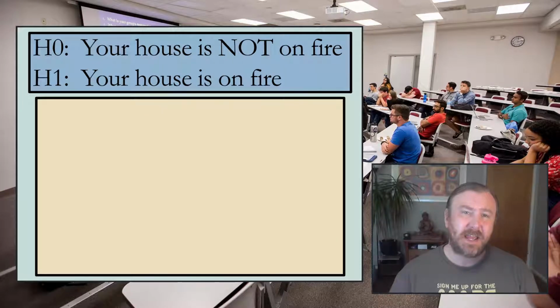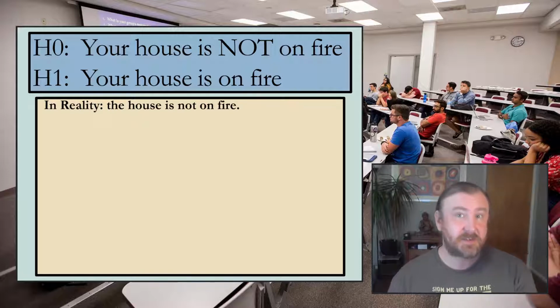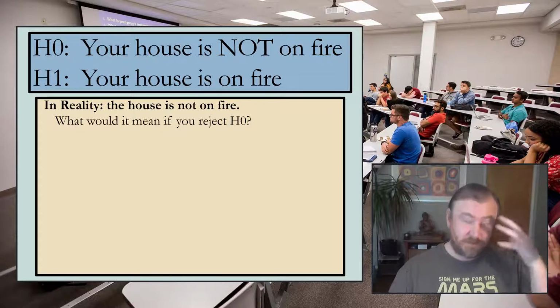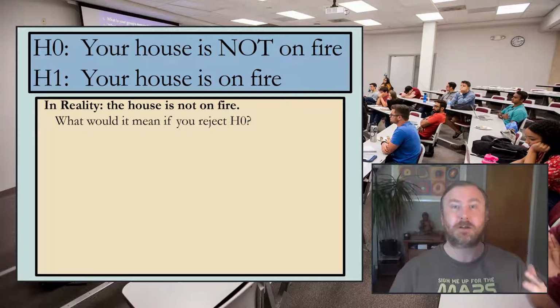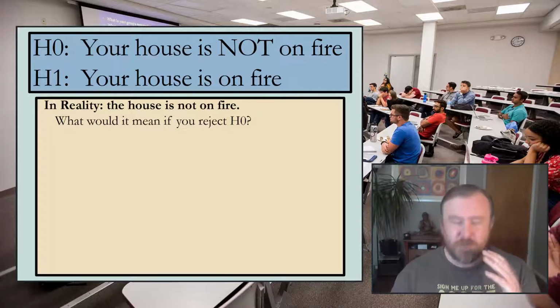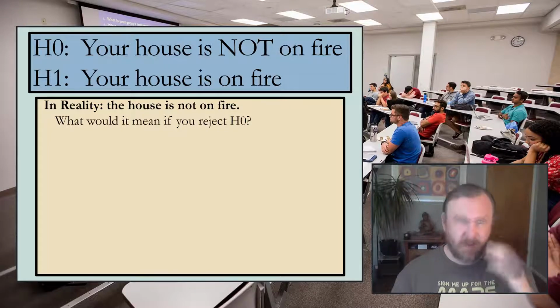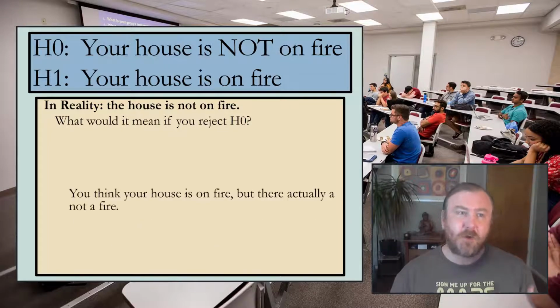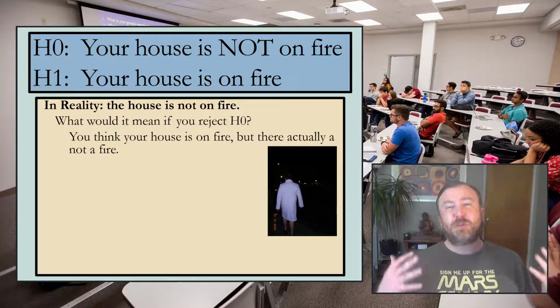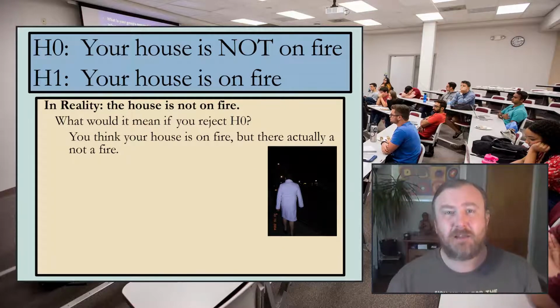So let's say in reality, the house is not on fire. What would it mean if you thought, oh, there's sufficient evidence that there's smoke? If you rejected the null hypothesis and said, oh, there is a fire, it means you would think that your house is on fire, but there's not actually a fire in reality.